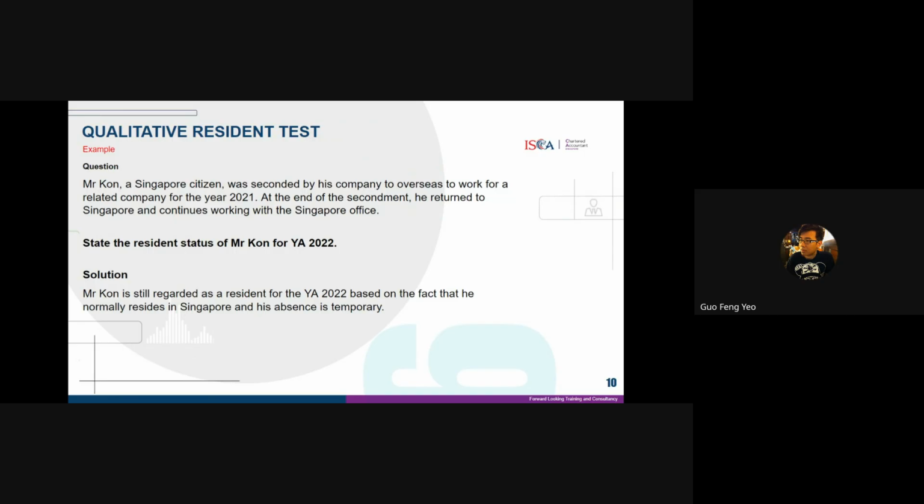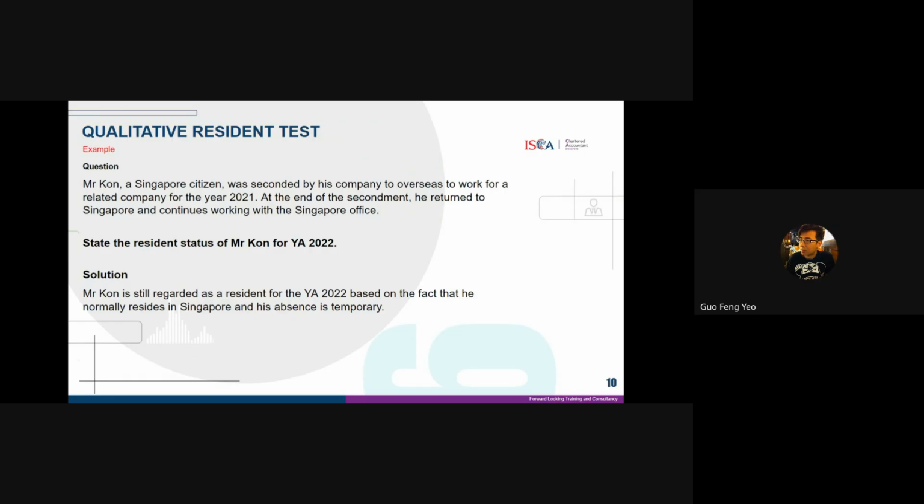And our basis is grounded on the fact that, one, he's a Singapore citizen, ordinarily resides in Singapore with familial ties in Singapore, and his absence is temporary and can be explained. So in this case, you may further point out the fact that he was posted to work overseas by his company, but his employment with the Singapore company did not cease. He returned to his post after the end of the secondment.